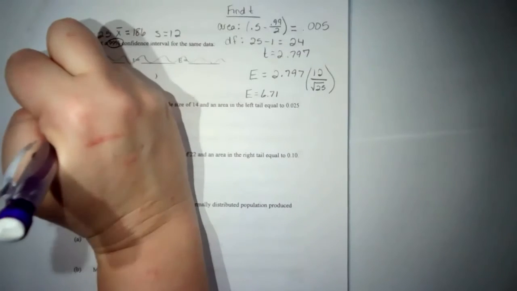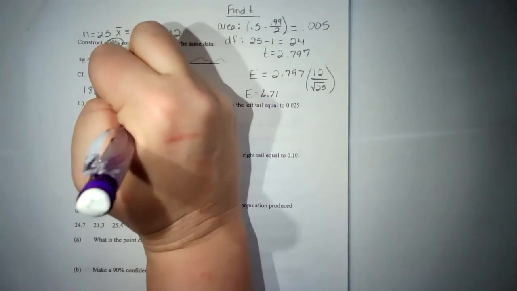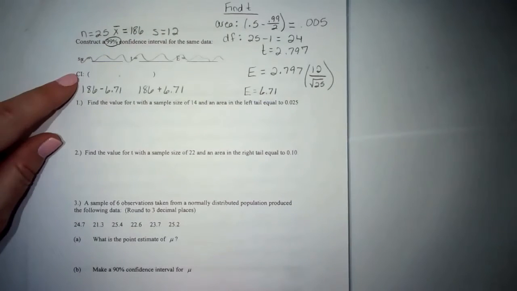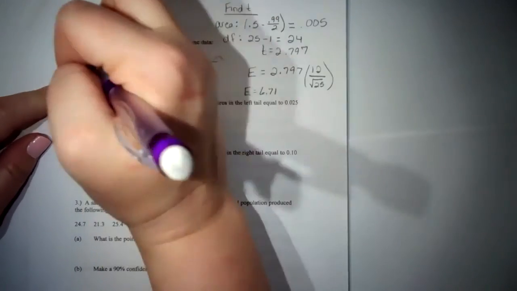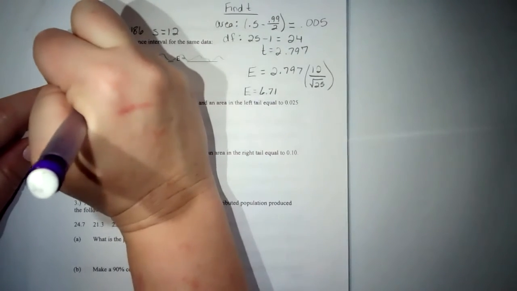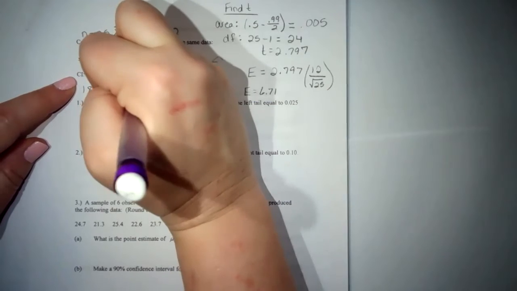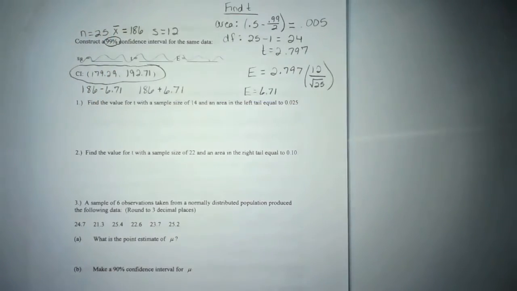My X bar is 186, so I'm going to have 186 minus 6.71 and 186 plus 6.71. Now this little CI, that's confidence interval. So they kind of have your parentheses set up and your comma in the middle. So the smaller number, 179.29, comma, 192.71. And there's your confidence interval.